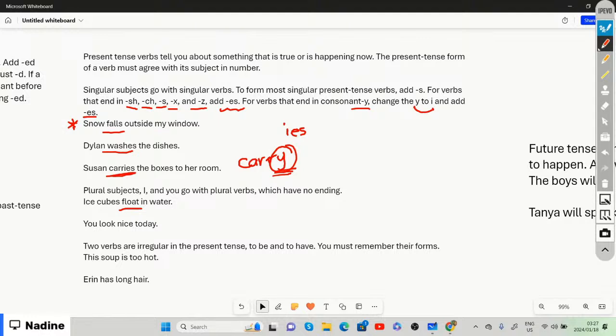But remember, snow is something that you cannot count, and that is why we classify it as a singular subject. But anything that you can count, like ice cubes, more than one, you classify it as either singular or plural.